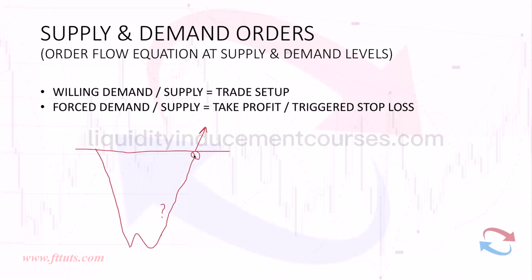What traders will normally do, what smart traders will do, is let their profits run to a level where they can get obviously the most profit from the risk reward perspective, but also where there is likely to be some trouble for their trade continuing higher. So traders will be forced to sell if they bought down here, right? So obviously there is some forced selling going on at that level.